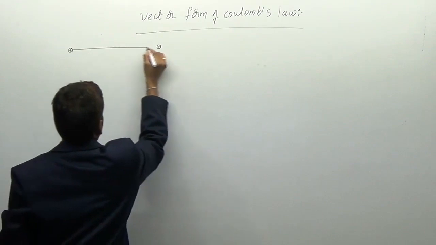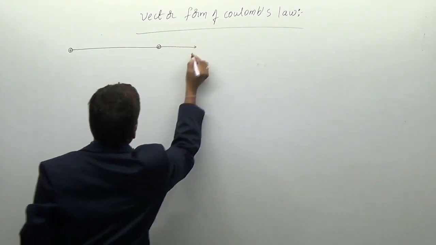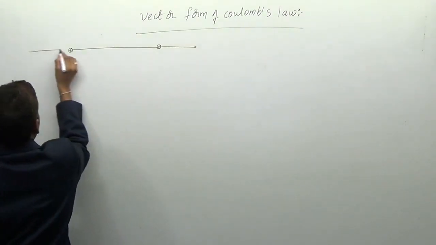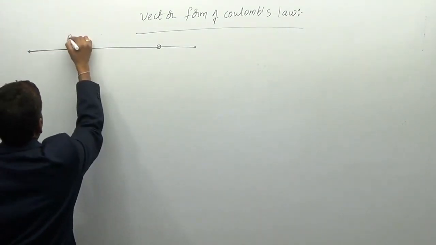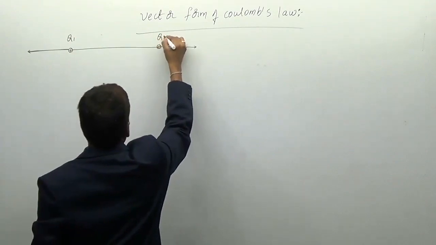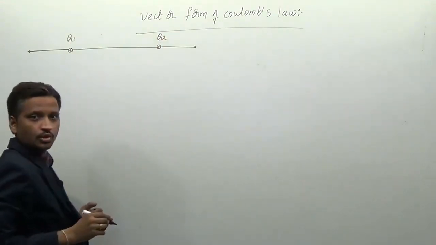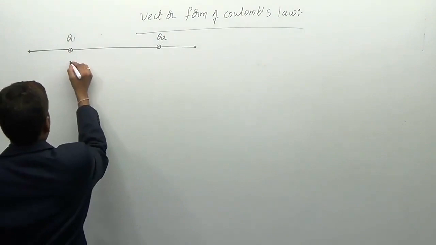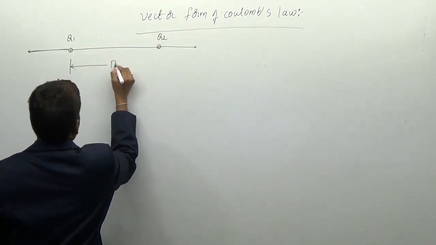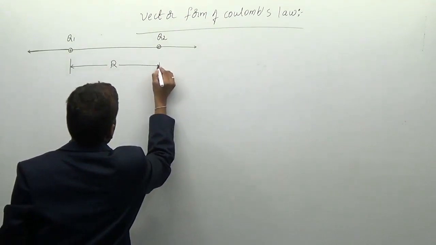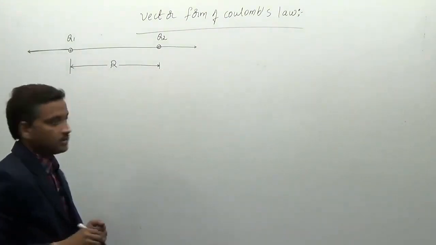Let us join these two. Let's say this is Q1 and this is Q2. Q1 and Q2 are separated by a distance R.